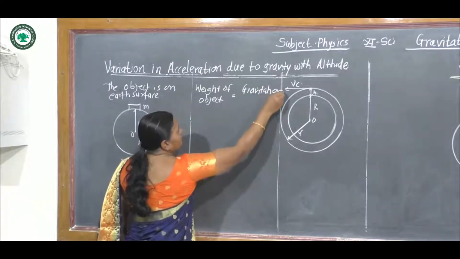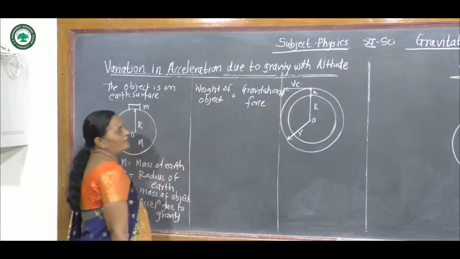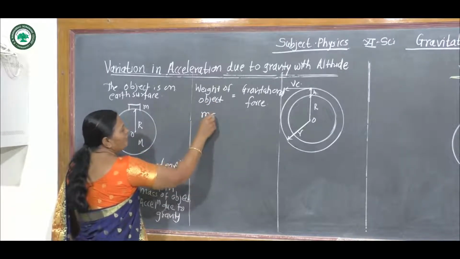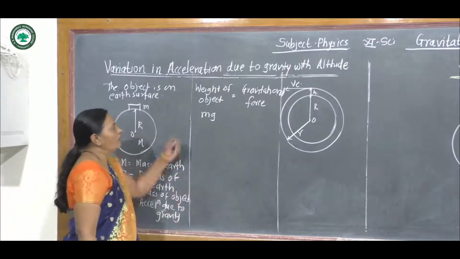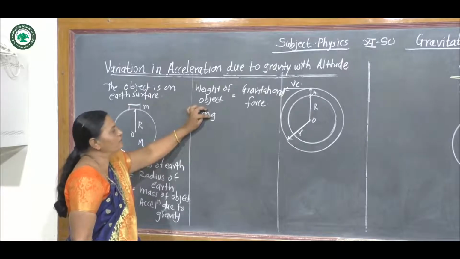The gravitational force is given by Newton's law of gravitation. Weight of the object is nothing but m into g, where m is the mass of the object and g is acceleration due to gravity on the earth's surface.